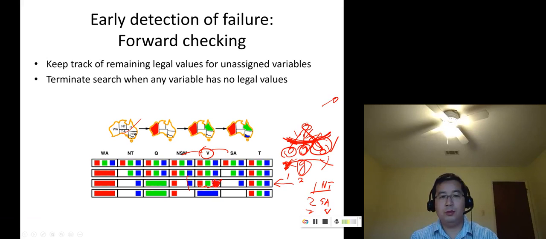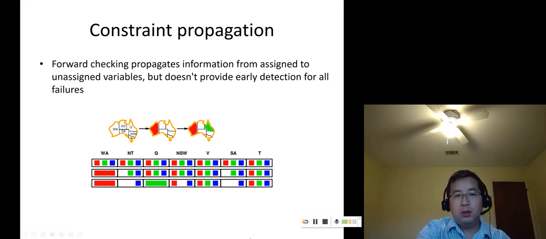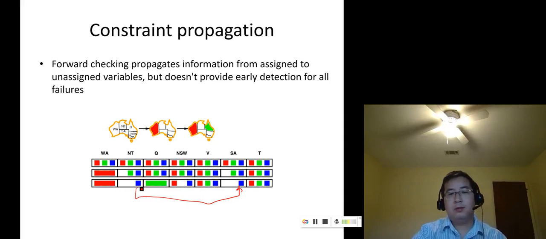We reach this one, NT, NSW and SA. So that is exactly this case. But because we stop checking other conflicts, we don't detect this failure.